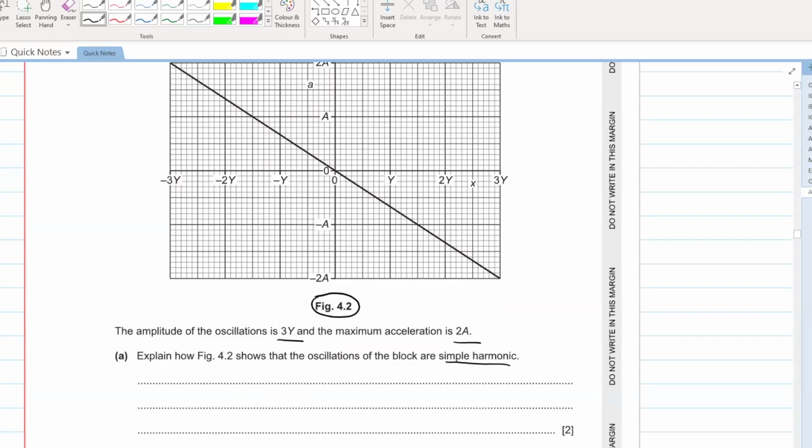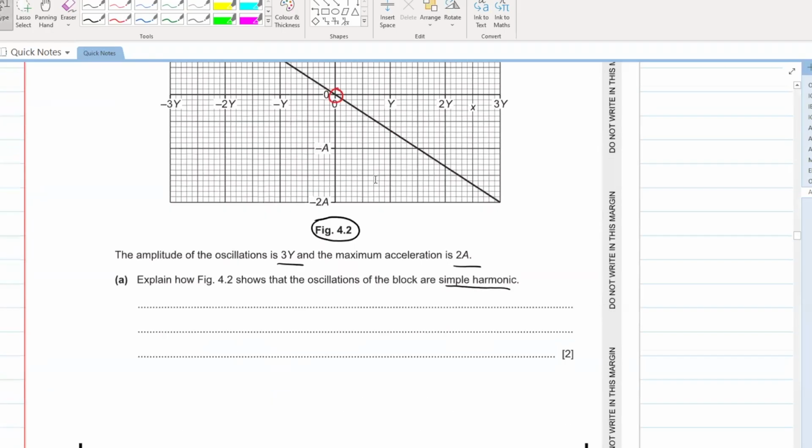Very easy. Beta, there are two things that we can see here. First of all, the graph is passing through origin. So what will you say?